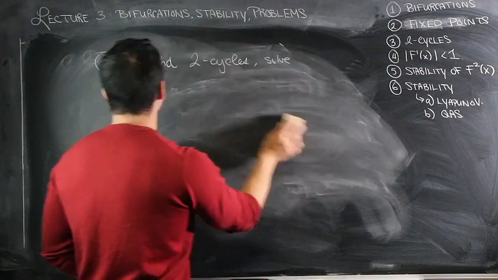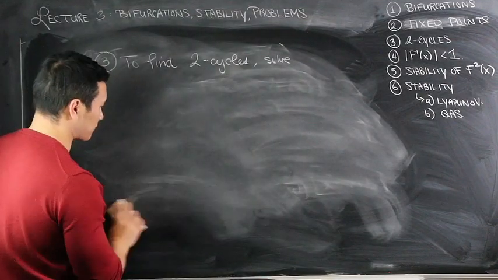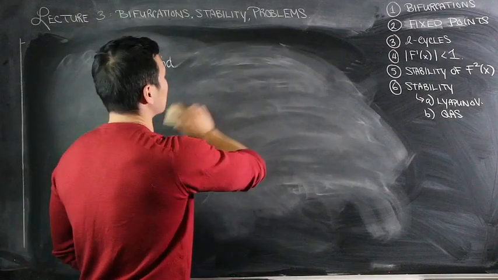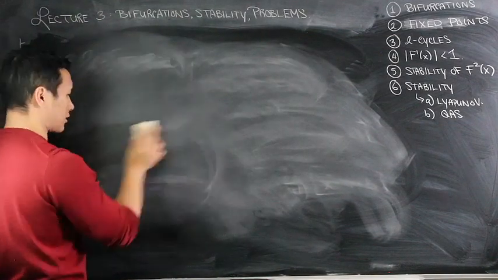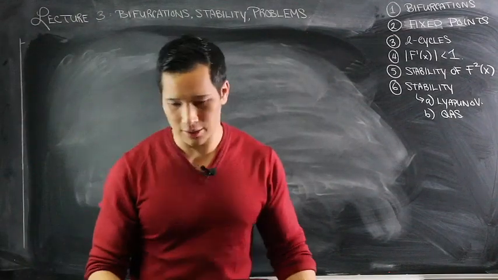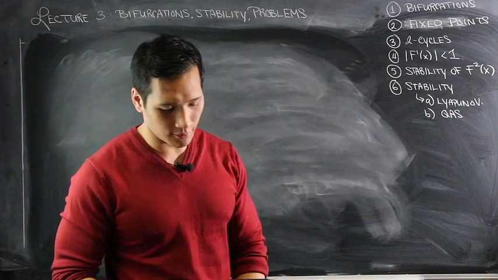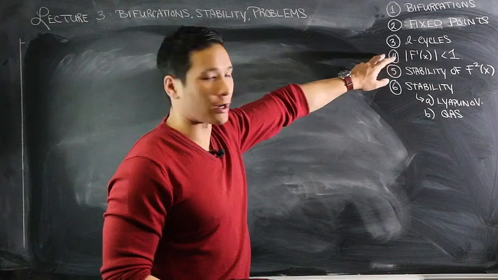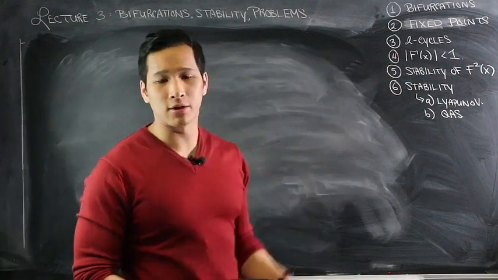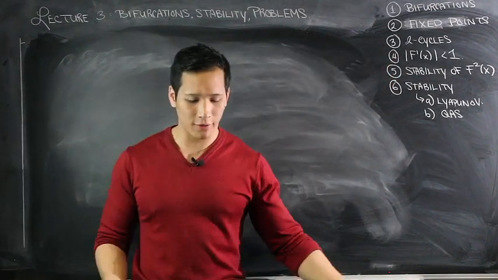All right, so we've covered how to get the fixed points. We covered how to get the 2 cycles, and let's talk about stability. Stability we cover in 4, 5, 6, but for 4, I just want to give you the basic criterion that you'll use everywhere for stability.